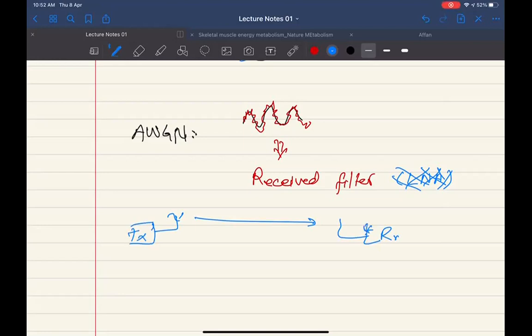If the signal comes directly to the receiver side, it is called line of sight communication. Usually for light communication or for lidar communication, we use line of sight communication, but it's not always possible because you may have buildings here, trees here, cars here, people here.